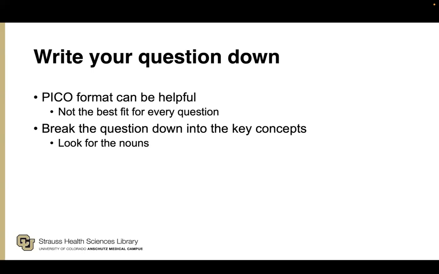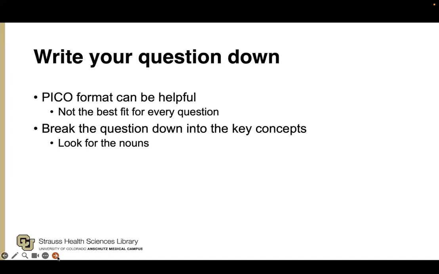Our goal is to match our search terms with the words that people are using in their titles and abstracts. And with verbs and adjectives, people have a wider variety of terms that they might use. So that's just a little bit about how to identify what to search.